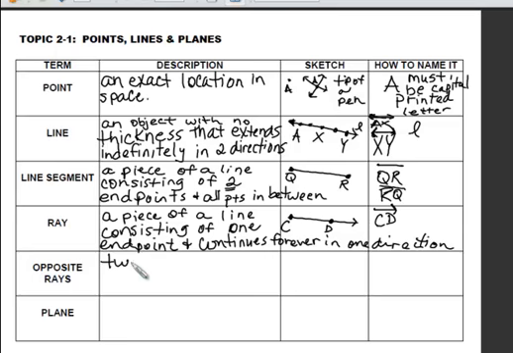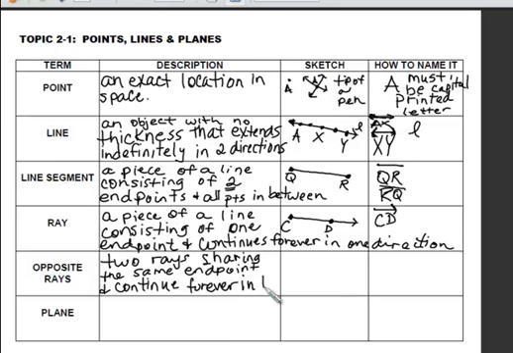Opposite rays are two rays sharing the same endpoint, and continue forever in both directions, or in opposite directions.